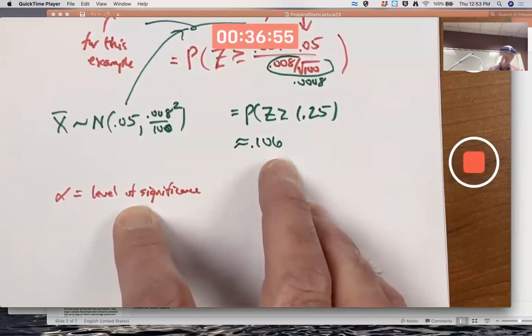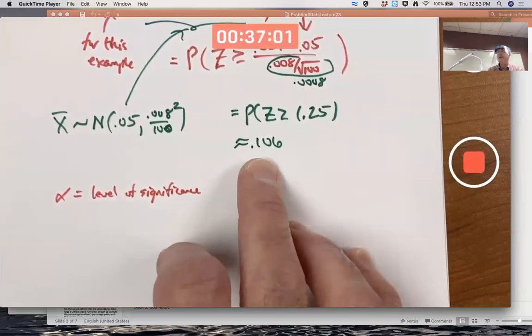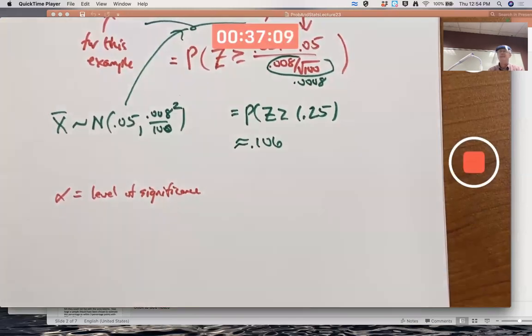If alpha were 10% or 5% or 1%, more common alphas, then this is not less than any of those, and you would say it's not statistically significant at those levels. You say it's statistically significant when the p-value is less than alpha, and it's not statistically significant when the p-value is not less than alpha.